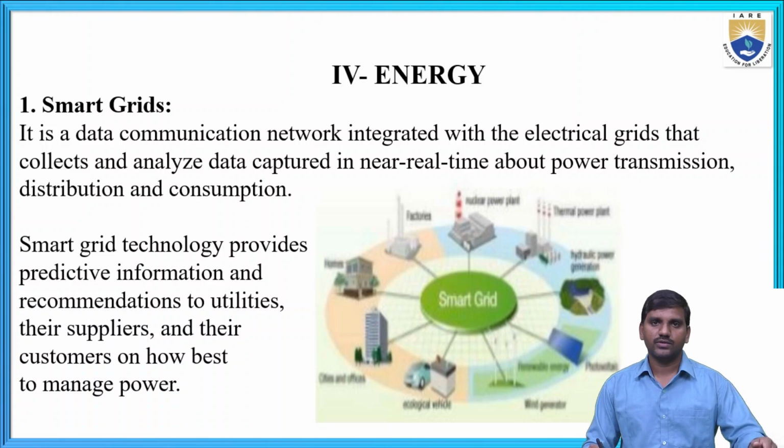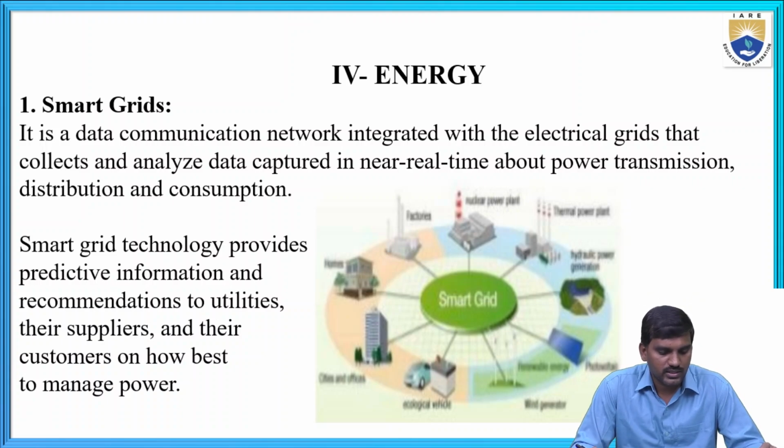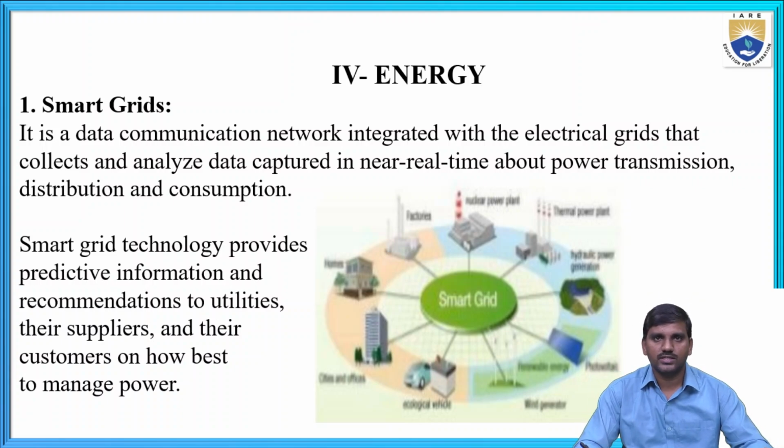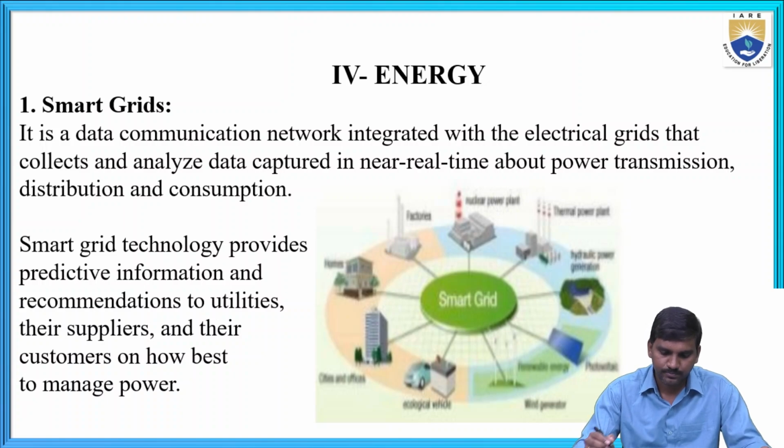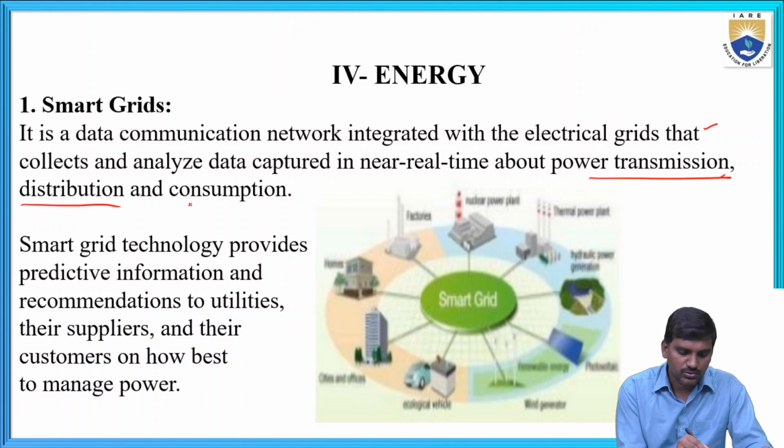Under energy we have smart grids. What is a smart grid? It is a data communication network integrated with the electrical grid that collects and captures data in real time about power transmission, distribution, and consumption.